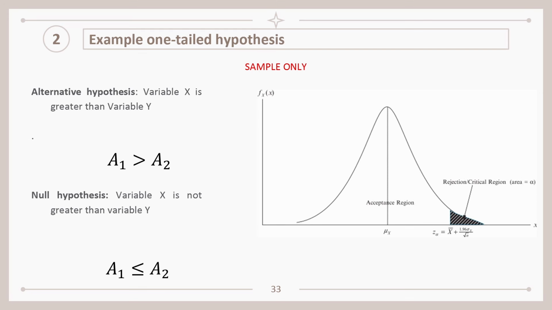And an easy way to determine which tail we're going to be using, may it be the right tail or the left tail, is to look at where the mathematical formulation of your alternative hypothesis is pointing. So in this case, it's pointing to the right, so we use the right tail. So it's as simple as that. Okay?